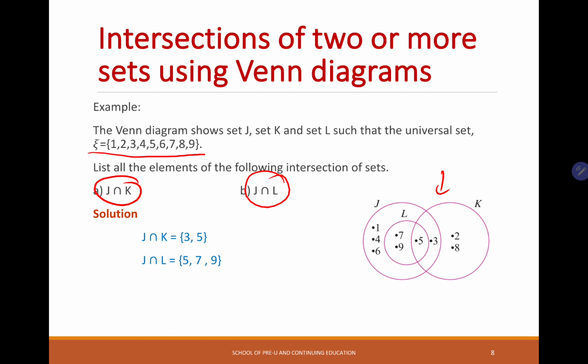For J intersect K, this is J, right? In J we have 1, 4, 6, 7, 9, 5 and 3, and in K we have 5, 3, 2, 8. We want to find the intersection between J and K, and the intersection is here. So the elements inside the intersection are 3 and 5.